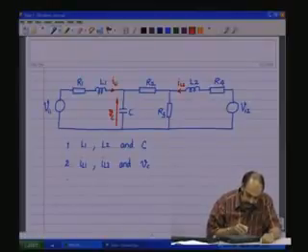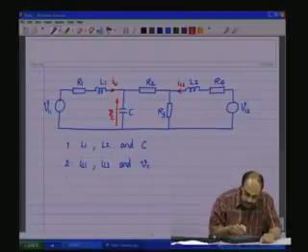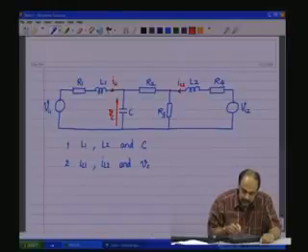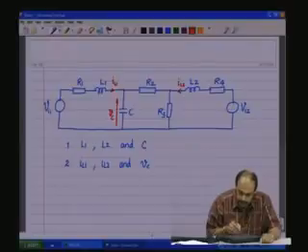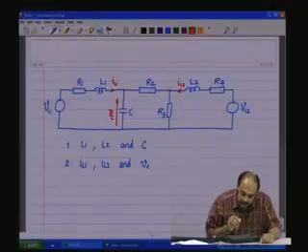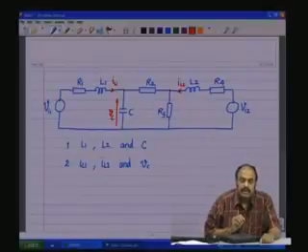And therefore, we should be able to obtain the state equations. However, here there are two nodes. This node voltage is defined, which is VC, but this other node voltage is not defined with a variable. So, this could give rise to a problem. That is the reason we need to introduce a new intermediate variable.